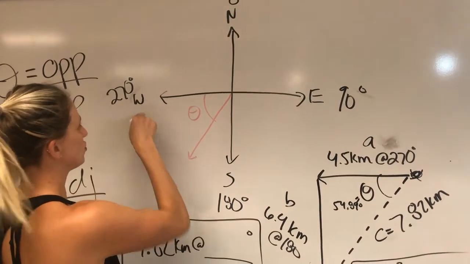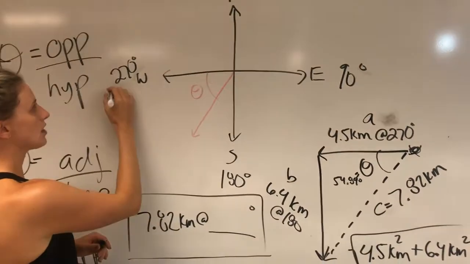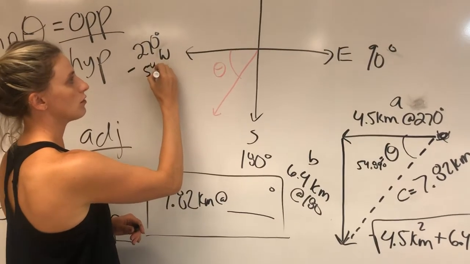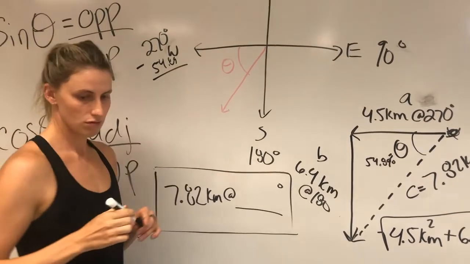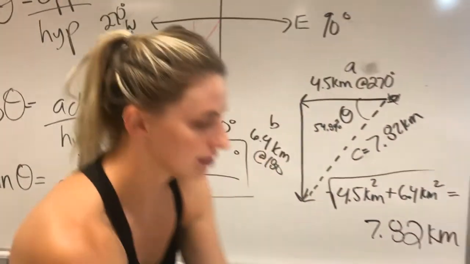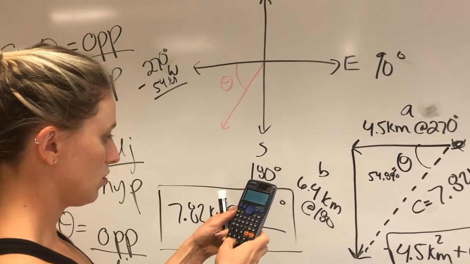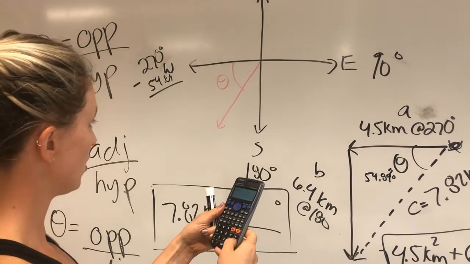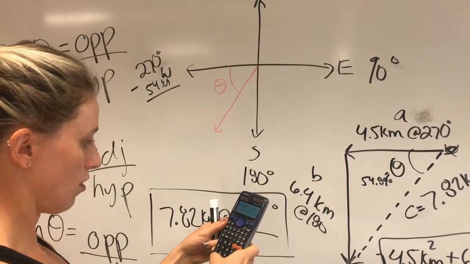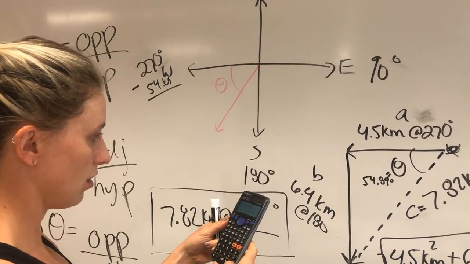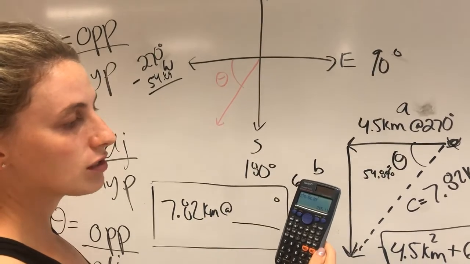So this is 270. Could I do 270 minus 54.89 to figure this out? Yes, you could. Okay, I'm going to go ahead and write that in here. 270 minus 54.89 equals 215.11.